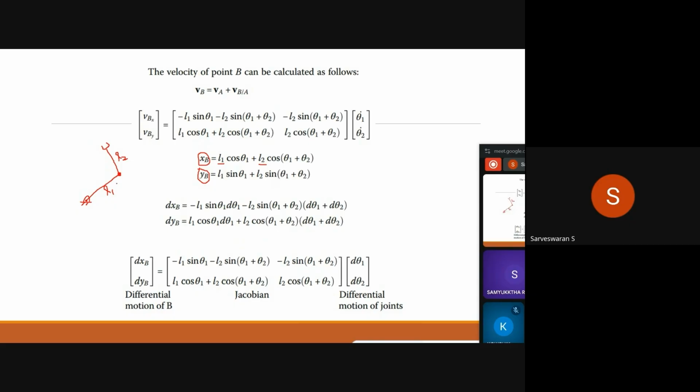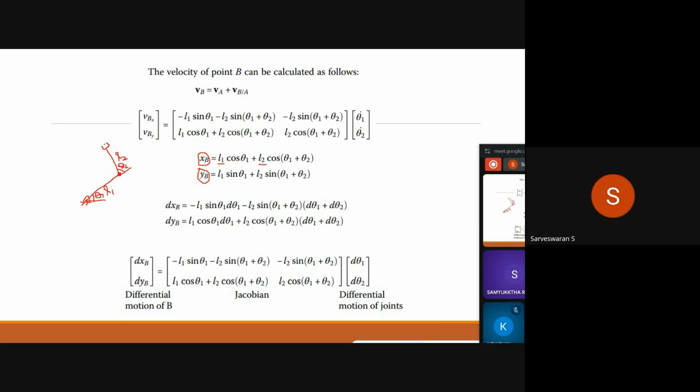L1 is your link length of link 1, L2 is the link length of link 2. Both are revolute joints, and we have angle theta 1, which is representing the joint angle of link 1, and this is theta 2, which is the joint angle of link 2.